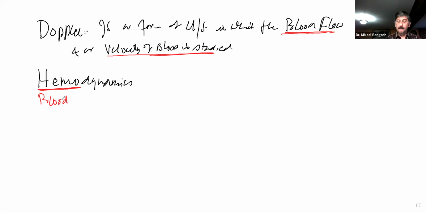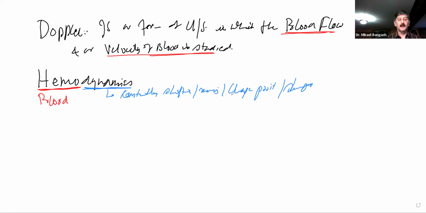Clear? And dynamics, as I've been saying earlier, refers to something which is constantly shifting or moving, or changing position or shape. That will be referred to as the dynamics.